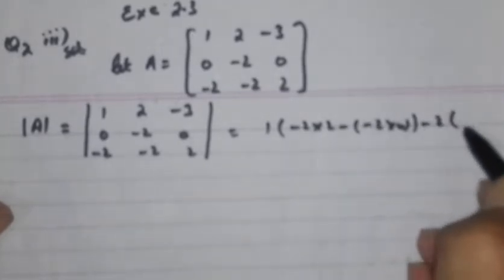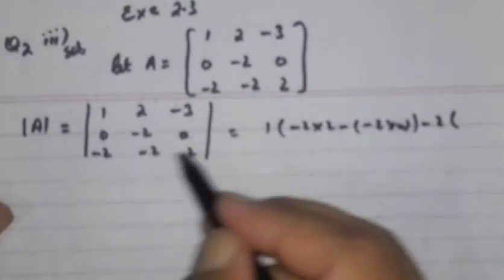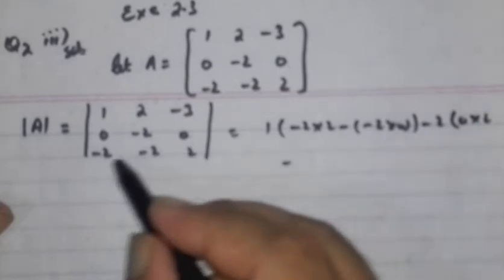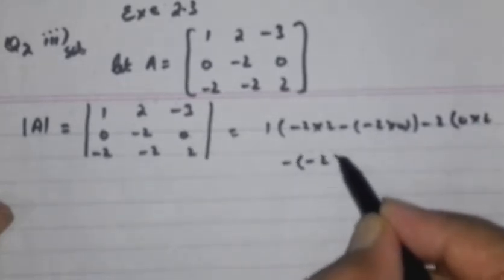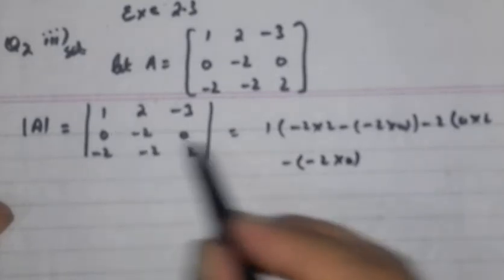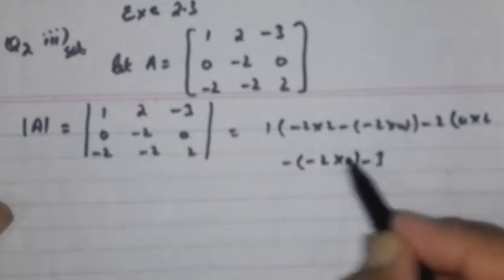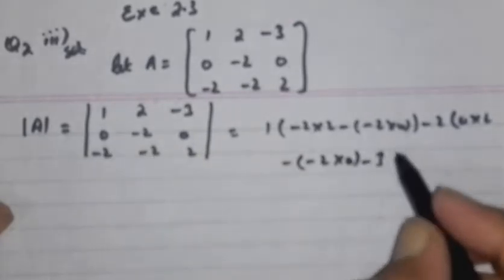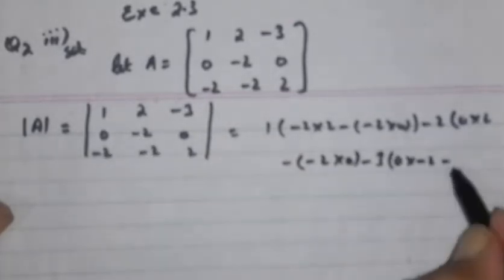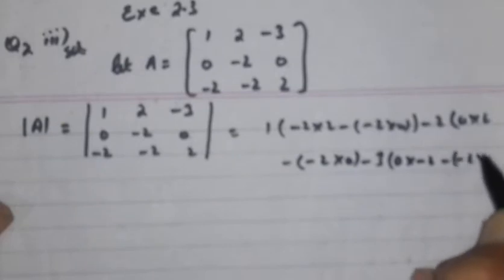Here minus 2, cancel these two, 0 into 2, minus 2 into 0, then minus 3, 0 into minus 2, minus 2 into minus 2.